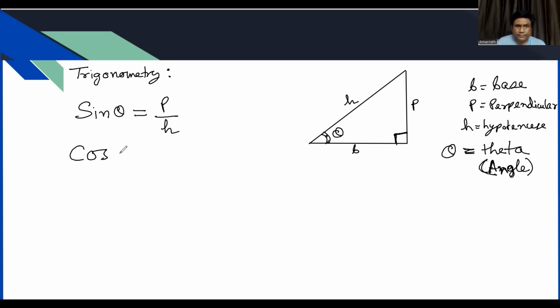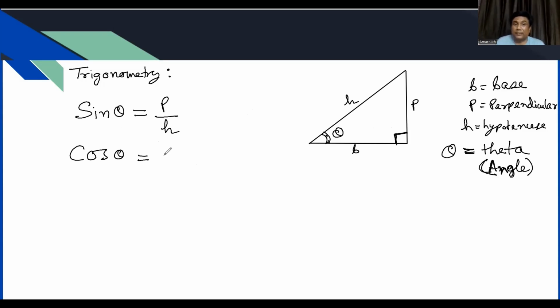Cos theta, it is a symbol only, nothing else. Or you can say that it's the operator only. Remember sine theta, okay? If somebody asks you what is sine theta, I don't know, but you can say that it is the ratio of the length of the perpendicular to the length of the hypotenuse. That is called sine theta, okay?